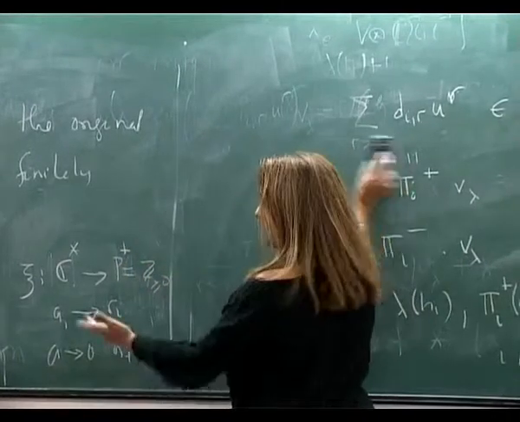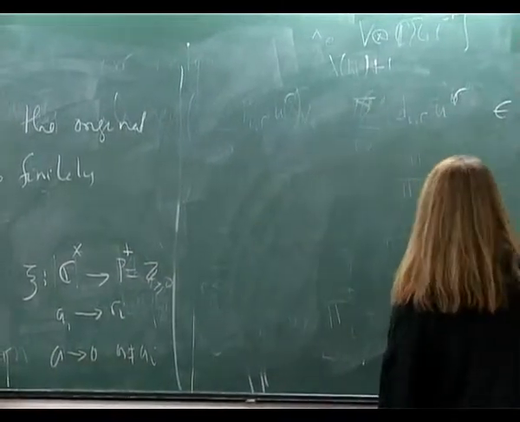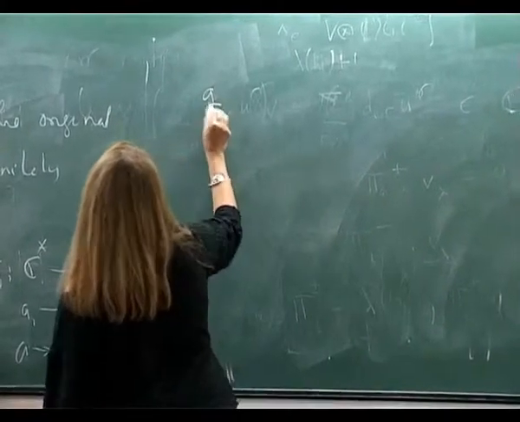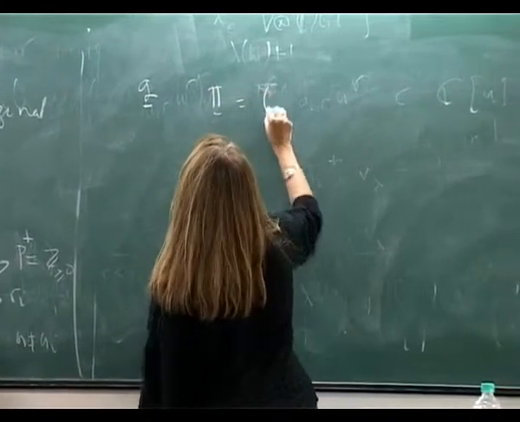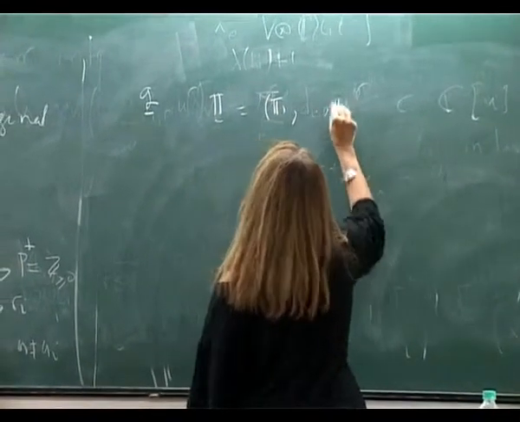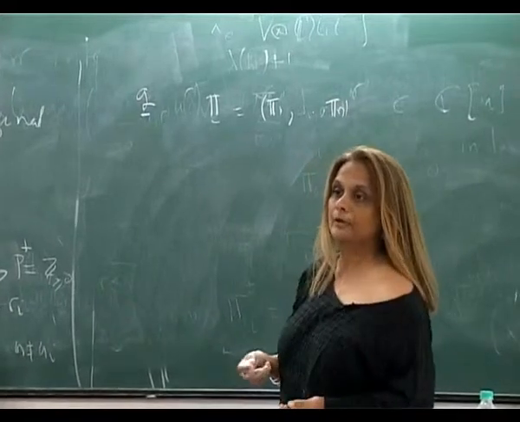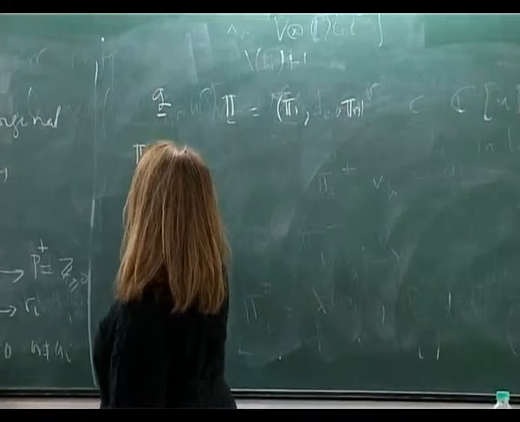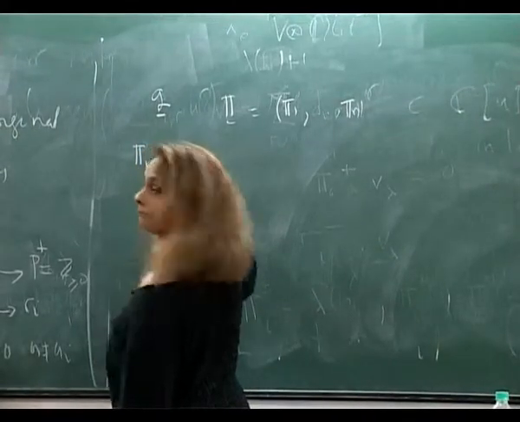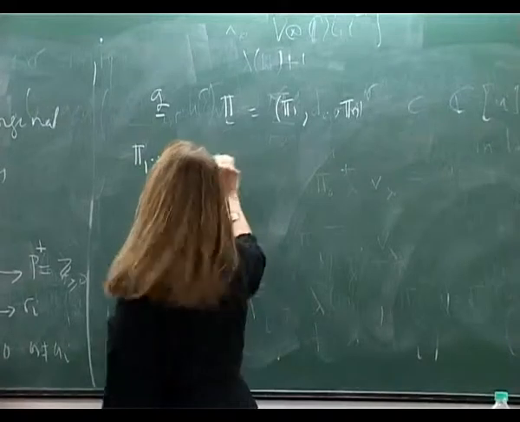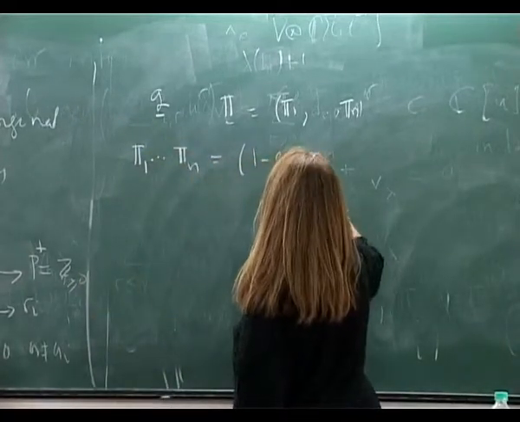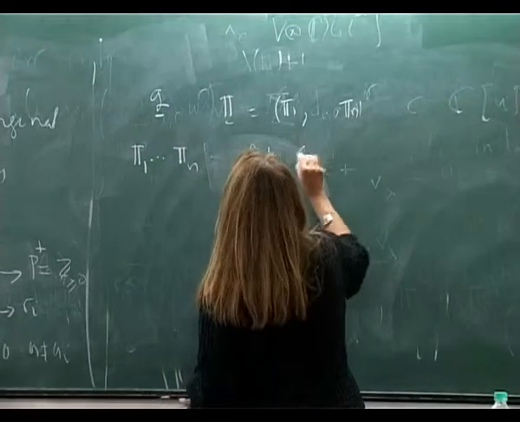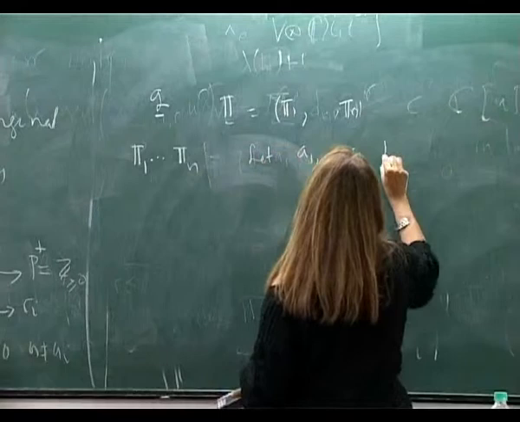Now, if I was working for an arbitrary Lie algebra, what would I do? What is the game I would play? So now let's do arbitrary g. I'm given pi equal to pi 1 up to pi n. How do I produce my finite set of points and dominant integral weights? I'll look at the product of pi 1 up to pi n, and write out its roots. So let a1 up to ak be its roots.